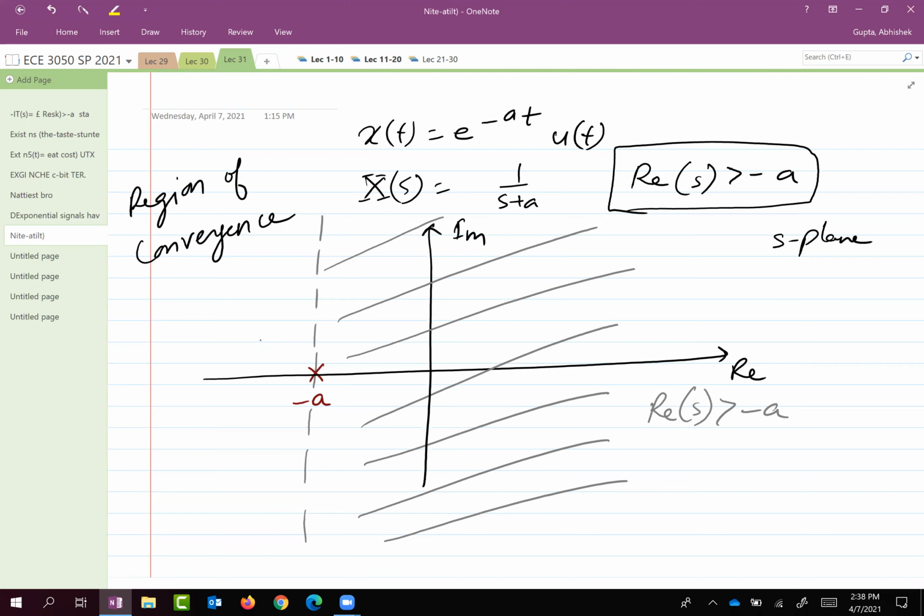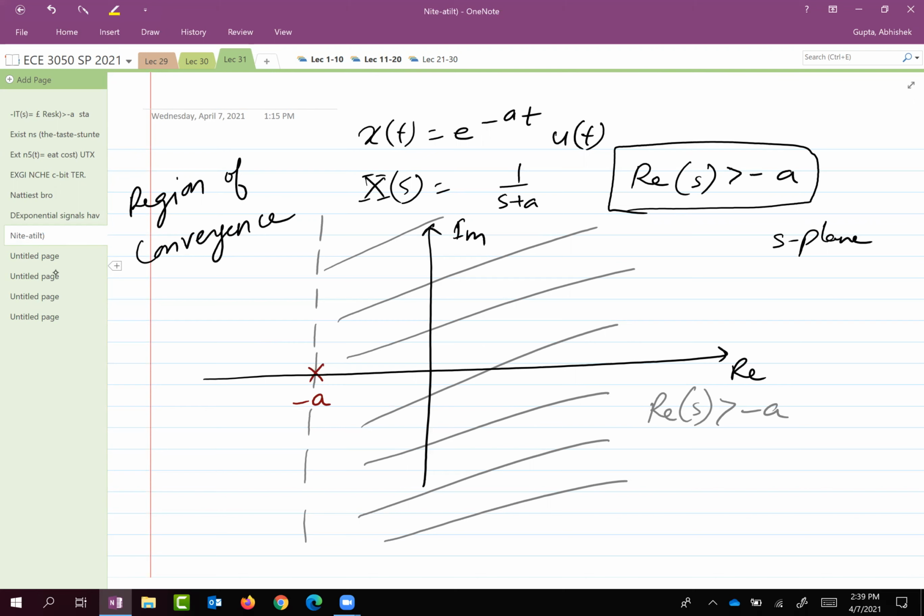I'm not sure if you've seen it in some other math class, but typically that's how we represent it. I think even in a math textbook, if you're using a complex analysis textbook, if the boundary is not included as part of the set, then the boundary will be in a dotted shape. Just the mathematical convention.